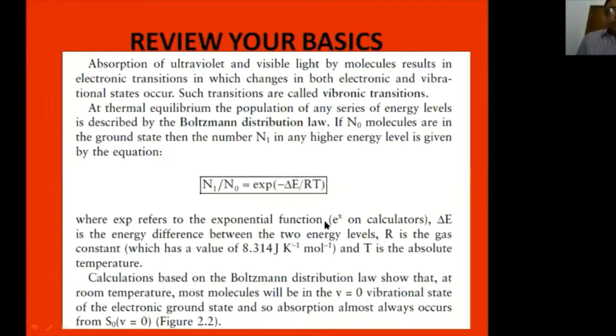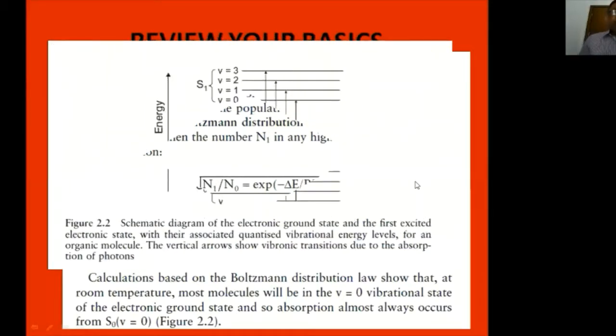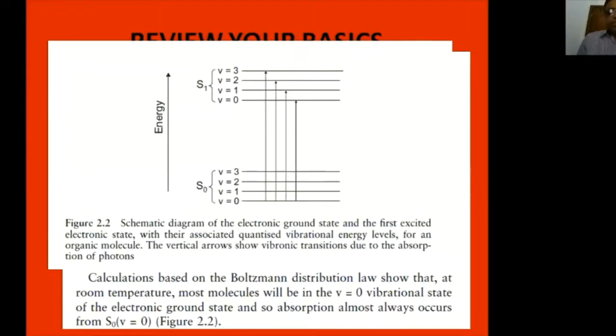At absolute zero, most of the molecules reside in the zero vibrational state of the ground state. That's the reason why electronic transitions happen from the ground state zero vibrational level to the upper electronic states. This is an important law when you talk about absorption, which is pictured here. So the Boltzmann law is also important.